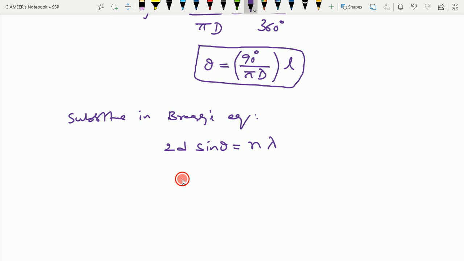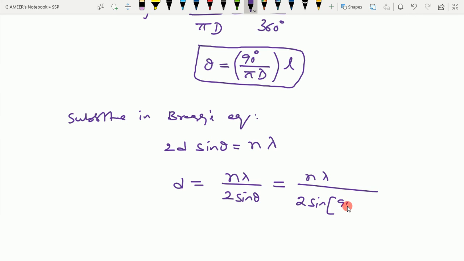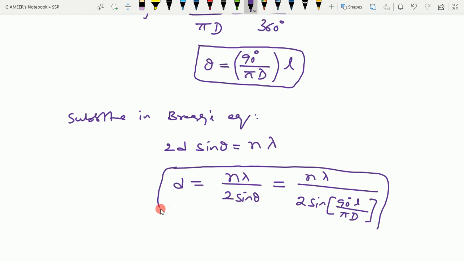From here d is unknown for me, so d is equal to n lambda divided by 2 sin theta, with theta being 90 degrees L upon pi d. As I know the order of the maxima, n is equal to 1, 2, 3, so d can be calculated.